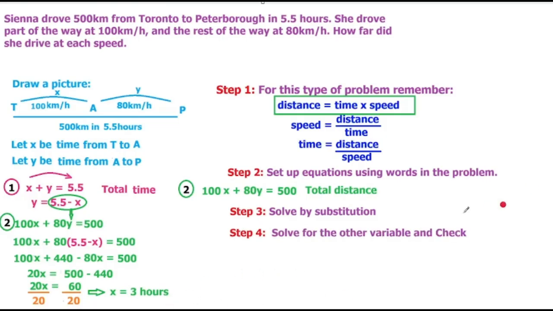Now we can solve for the other variable and check. So we need to figure out what y is. So we could take this equation and put in 3 for x, and we get y equals 2.5 hours. So it's 3 hours from here to here, and 2.5 hours from here to here.